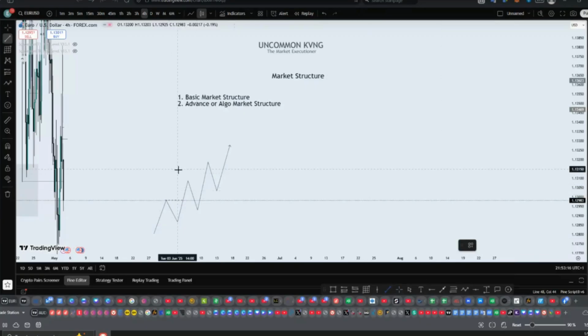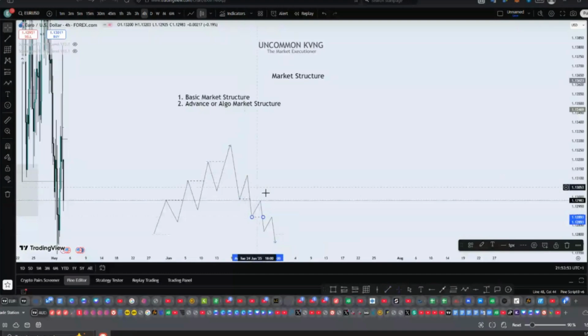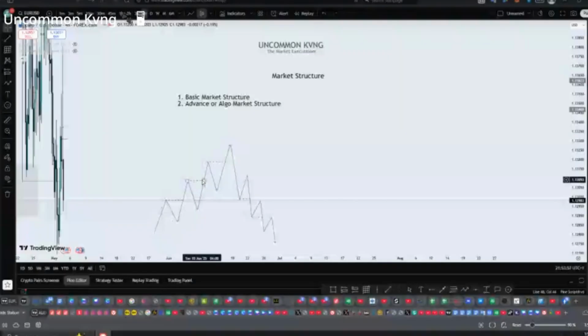And when price invalidates the strong low, it gives us an indicator that this is a change of character, or market structure shift. Then price starts creating lower lows and lower highs. In that case it's a bearish trend, also known as a downtrend, where the lows are weak, creating breaks of structure, while the highs are meant to be protected. So that's the basic market structure.